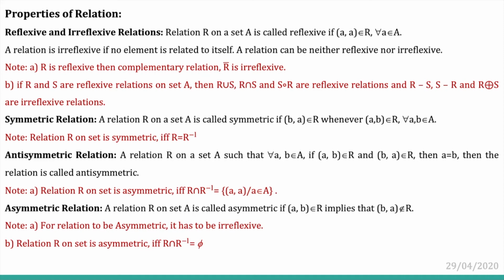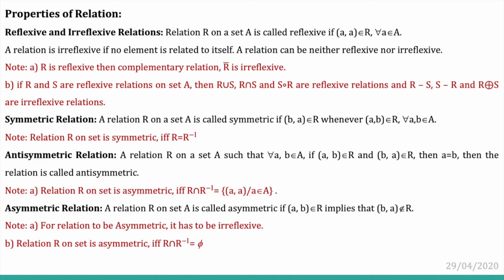A relation can be neither reflexive nor irreflexive. That means it can contain some of the ordered pairs of the form (a, a), but it may not contain all the ordered pairs of the form (a, a) for all the elements of set A. Now, if R is a relation which is reflexive, then its complement is bound to be irreflexive.